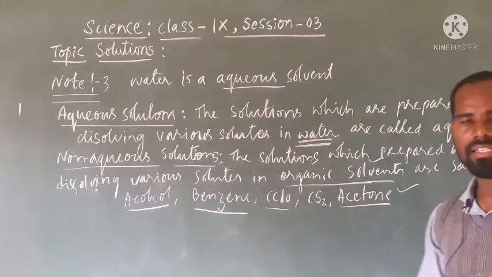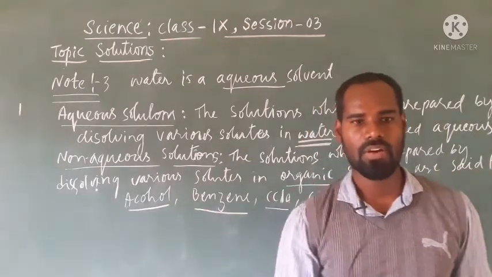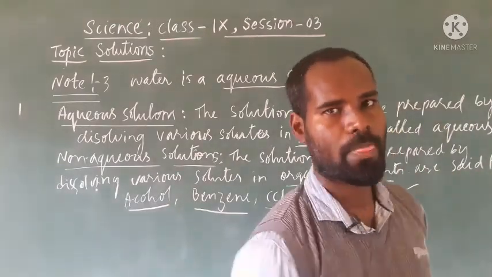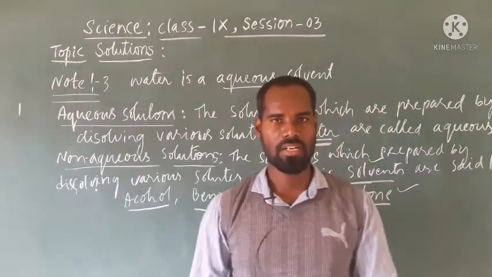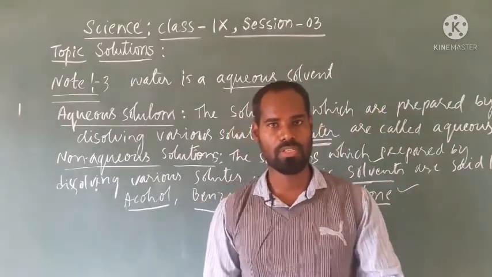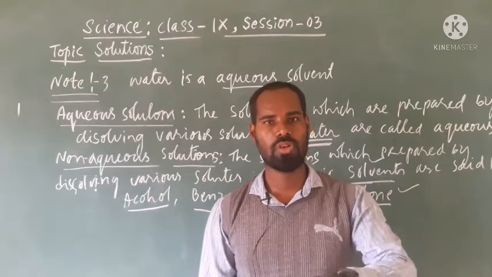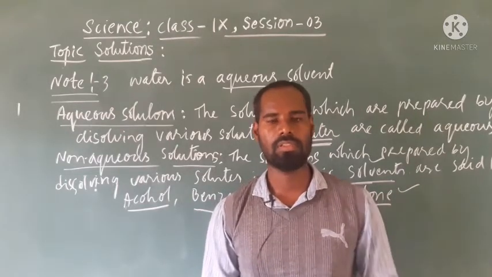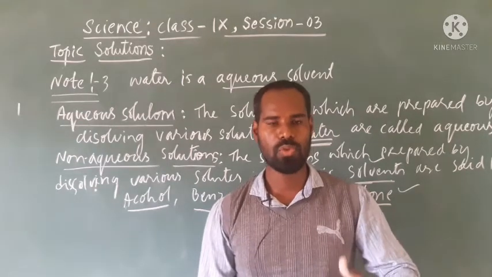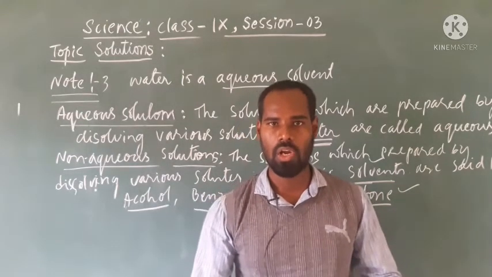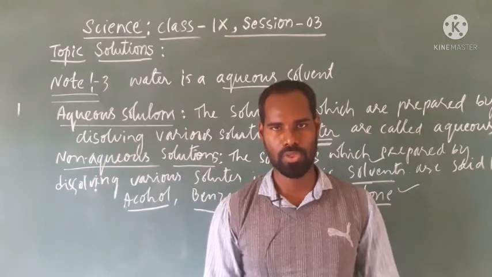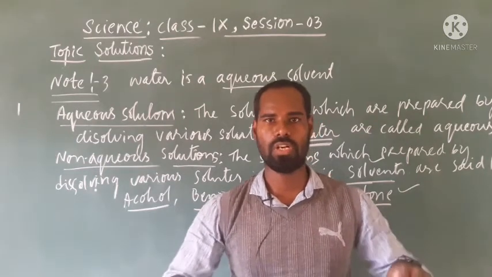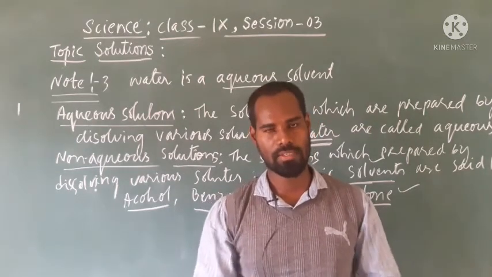Okay children, let us recall the concepts that we have discussed in this session. We have discussed solution. What is a solution? A solution is a homogeneous mixture of substances. Examples: sugar solution, salt solution, sea water, alloys, etc. We have understood about solute as well as solvent.